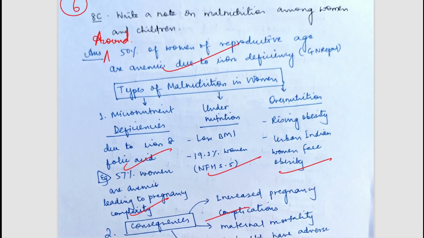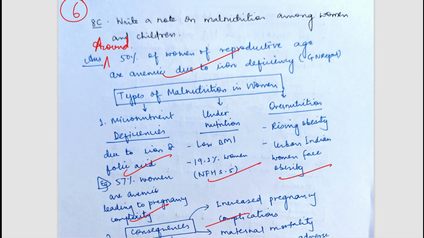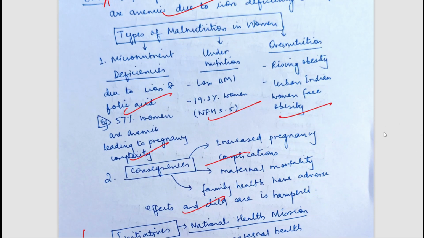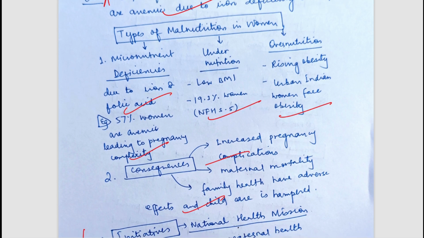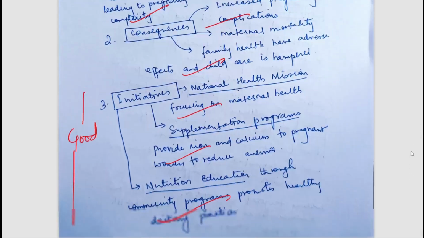Now the next and last question of this series is: write a note on malnutrition among women and children. We all know that in India a lot of women and children are suffering from various kinds of micronutrient deficiencies, be it anemia or stunted growth. All these things have been mentioned. You can simply pause and read it.